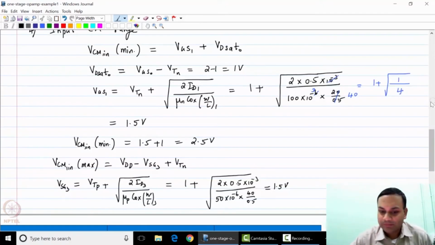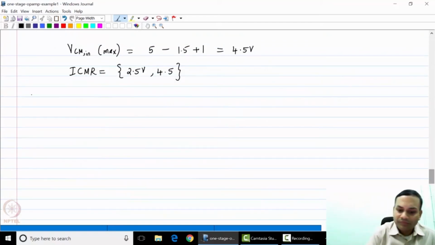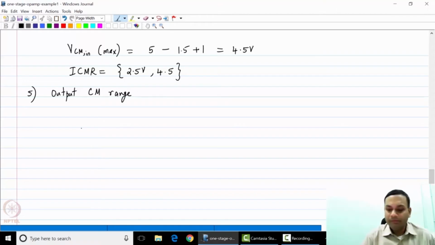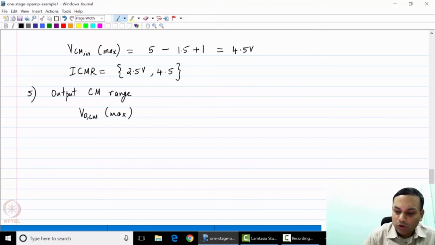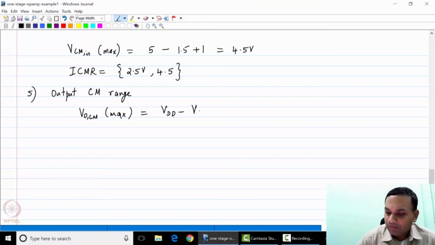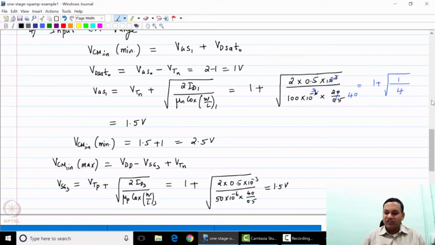What about the output common mode range? The output common mode range can be calculated as follows. So the maximum output common mode is given by VDD minus VSD sat of 4. As we have seen, VSG3 is 1.5 volts, which is the same as VSG4.